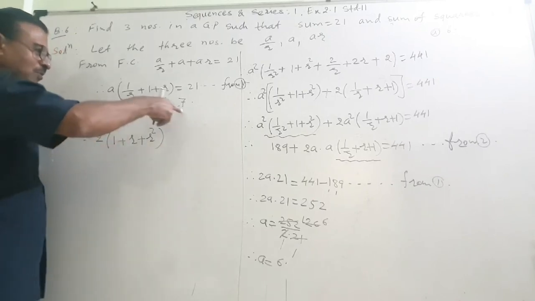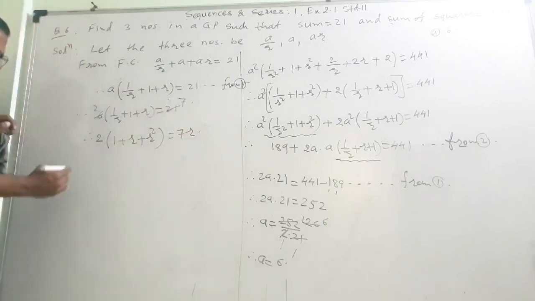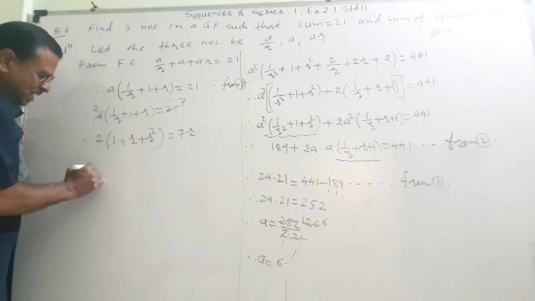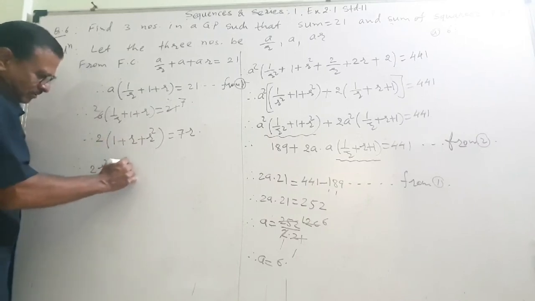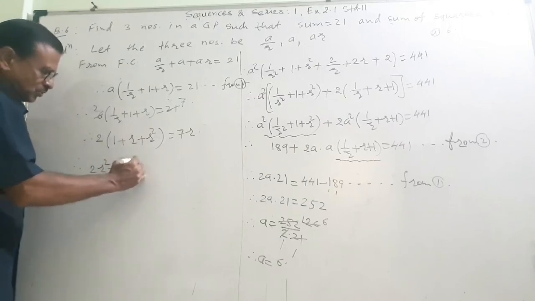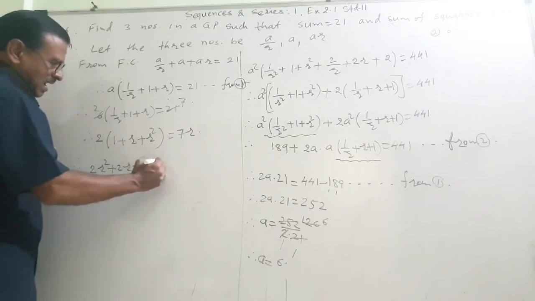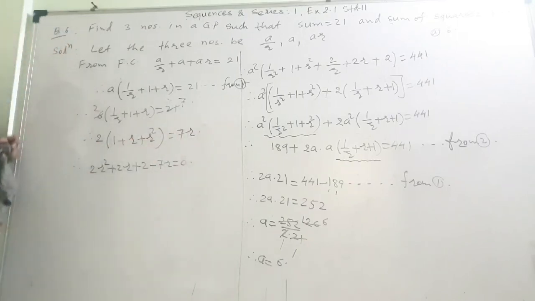And I am multiplying this also. This is equal to 7r. Therefore, this equation is 2r square plus 2r plus 2 and this minus 7r is equal to 0.